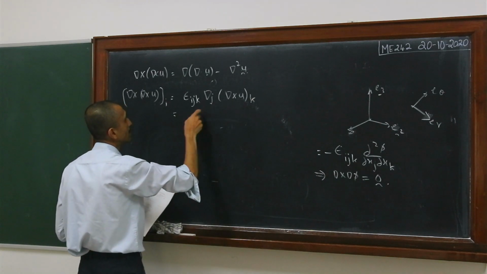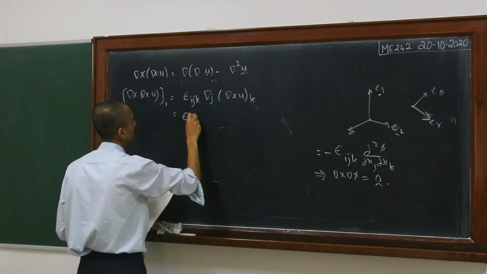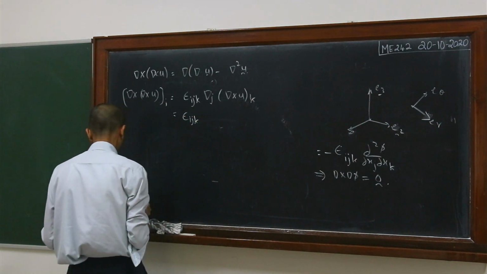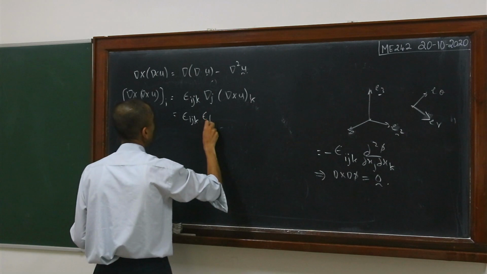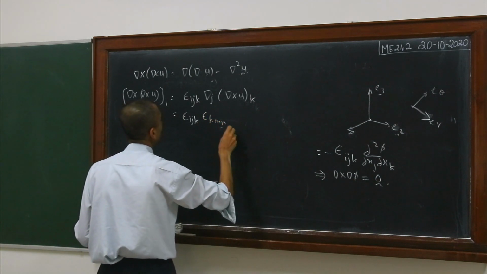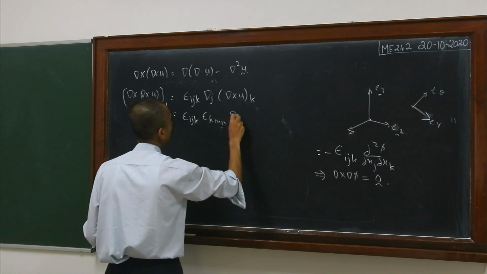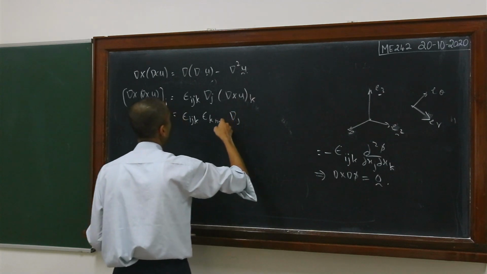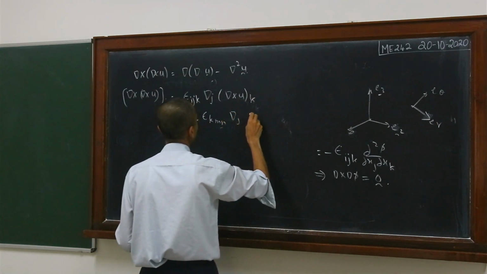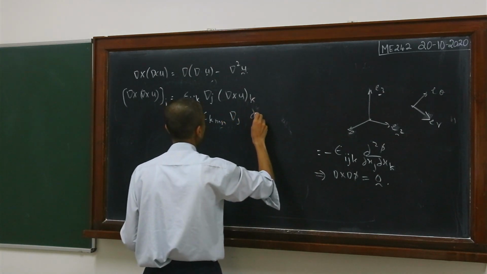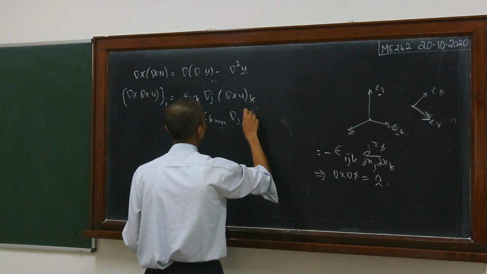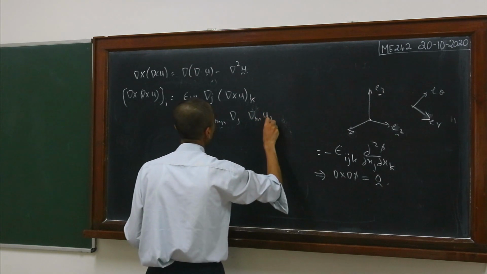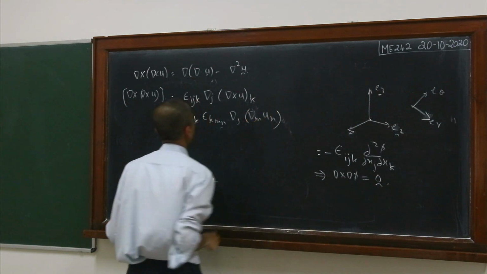So this is epsilon ijk, epsilon kmn, then this is del j, and this I can write as del m u n, acting in this particular way.